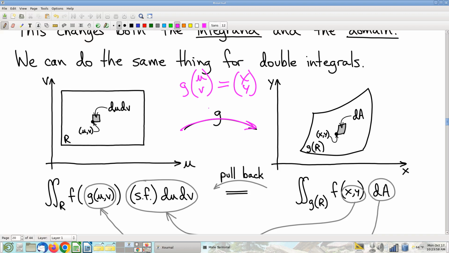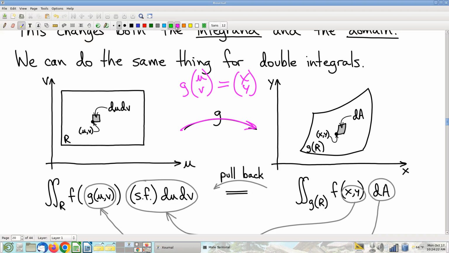And I can talk about an expression in terms of x's and y's. How would I rewrite all of that in terms of u's and v's? In particular, I would imagine an expression being an integral on this domain. And how would I pull this integral back through the function, rewriting all of it in terms of u's and v's?